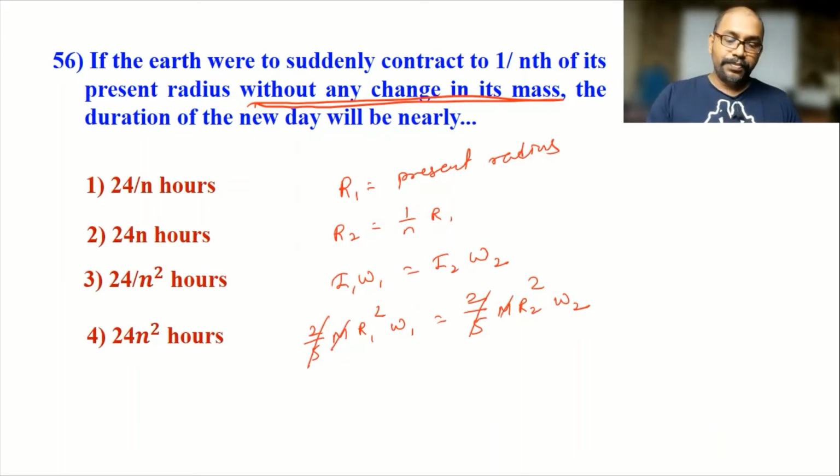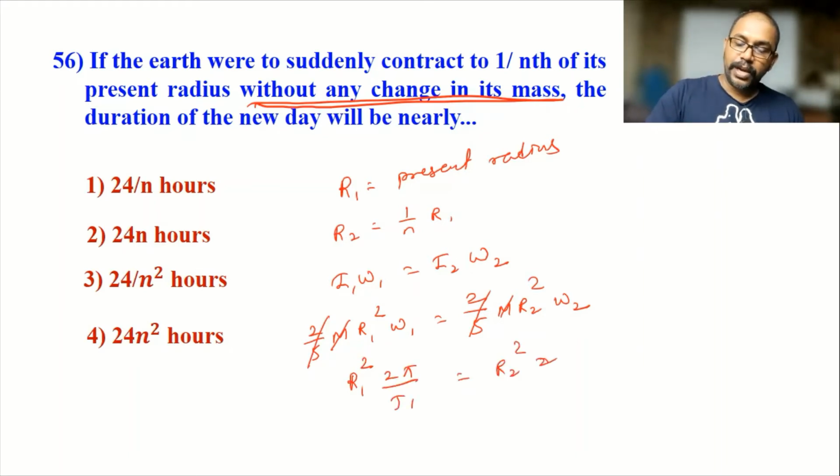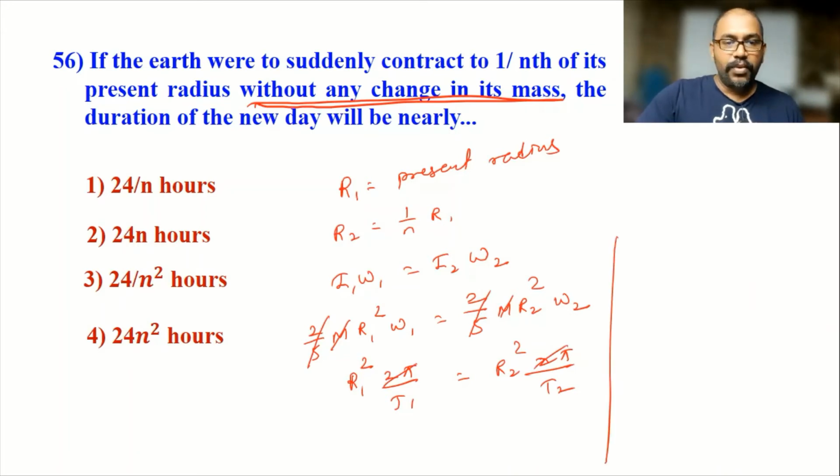Now here the duration of the day. You know the relation between omega and the duration of day: omega we can write as 2 pi by t. So r1 square into 2 pi by t1 equals r2 square into 2 pi by t2. 2 pi gets cancelled. Then we have to find the duration of day, that means t2. So t2 is equal to r2 square divided by r1 square into t1.